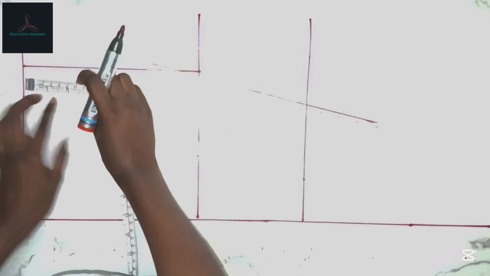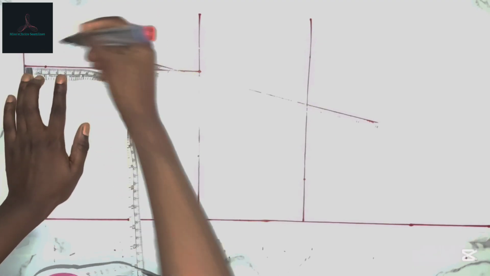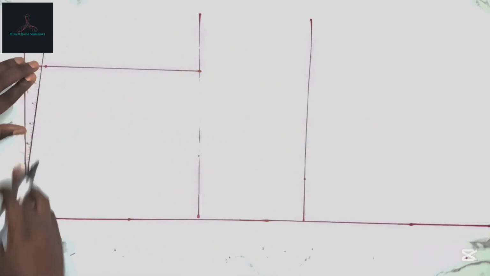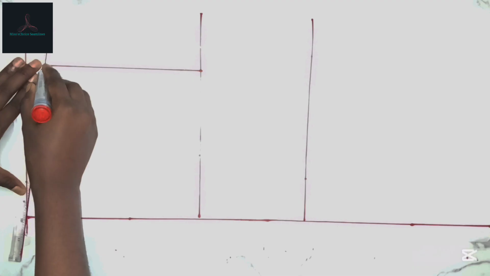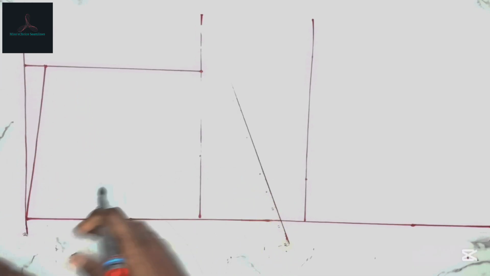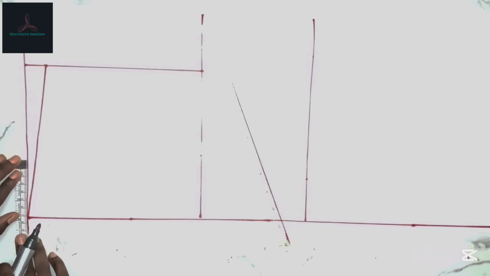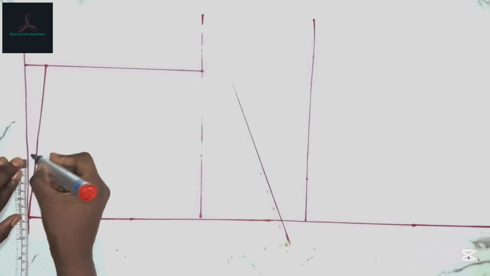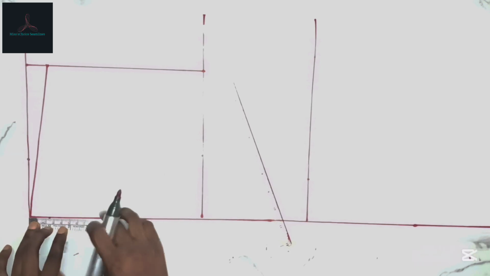Coming down by 1 inch for my shoulder slope. My neck width of 3 inches. I am coming down by 1 inch for my neck depth.